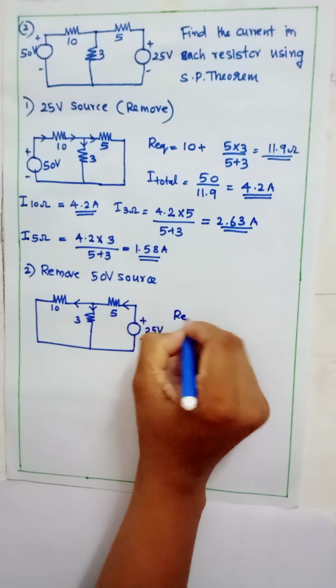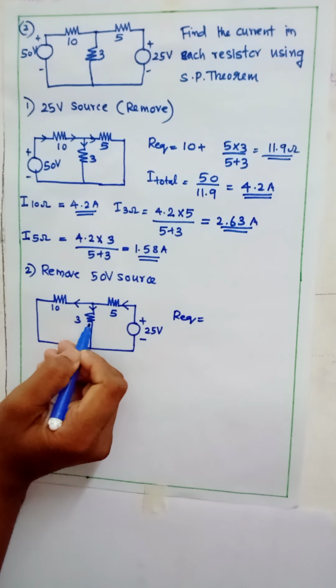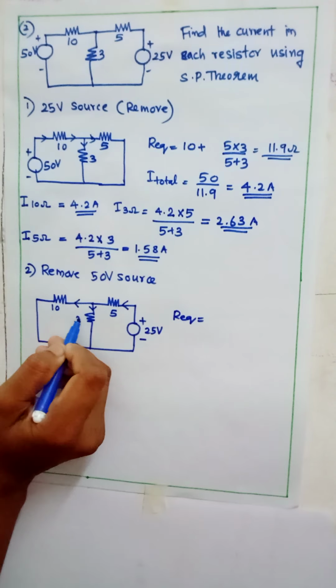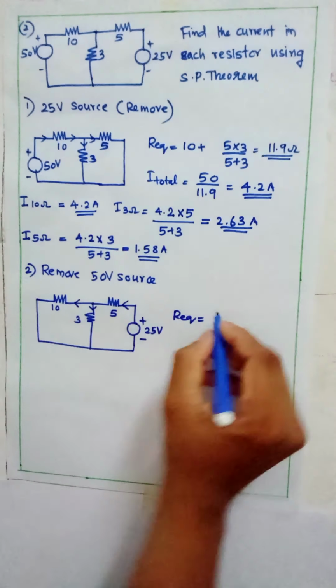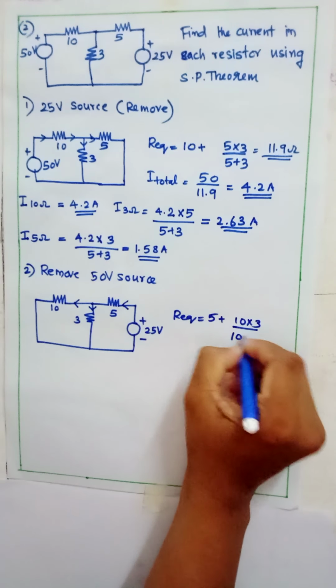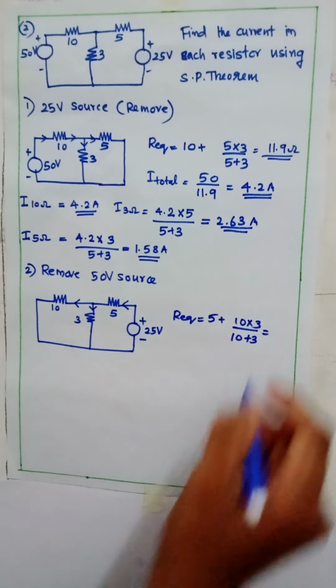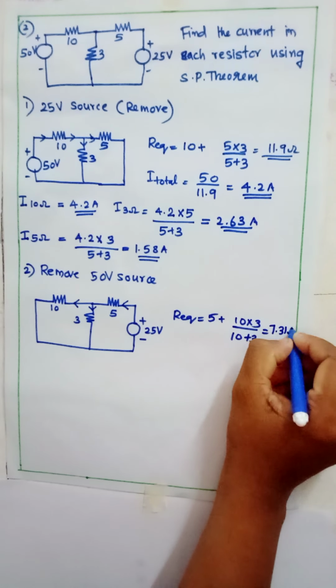That means equivalent resistance, from this side we can see that 10 ohm and 3 ohm are connected in parallel and both are connected in series with the 5 ohm resistor. That means 5 plus 10 into 3 divided by 10 plus 3. That's equal to 7.31 ohm.